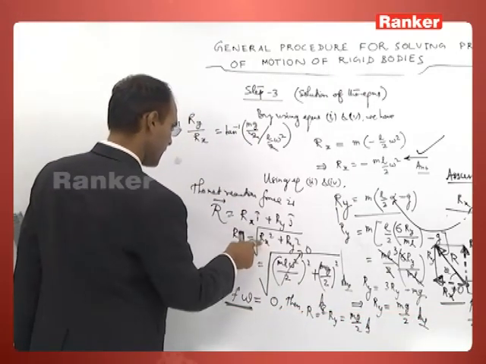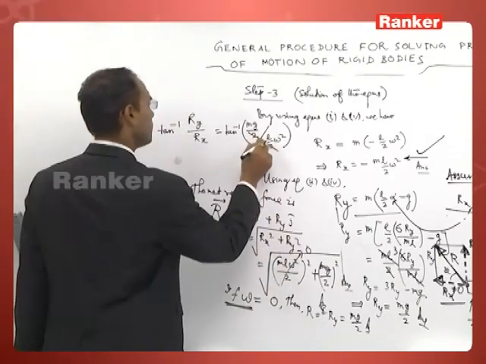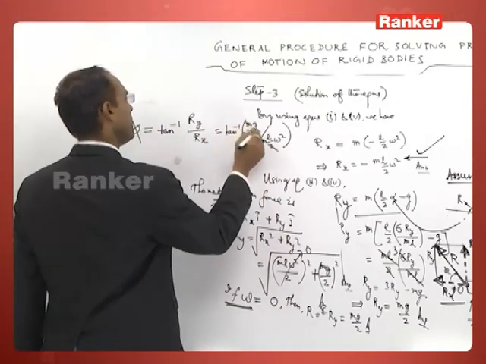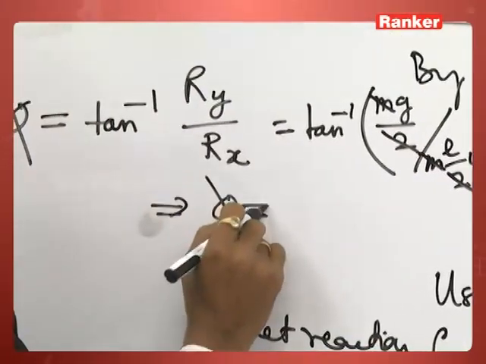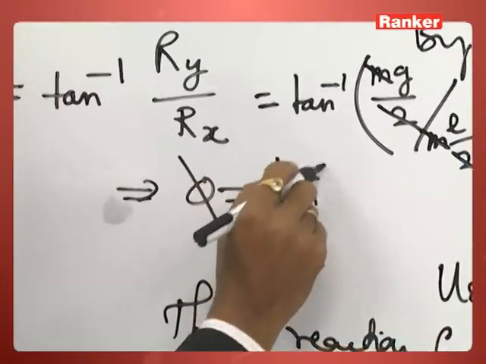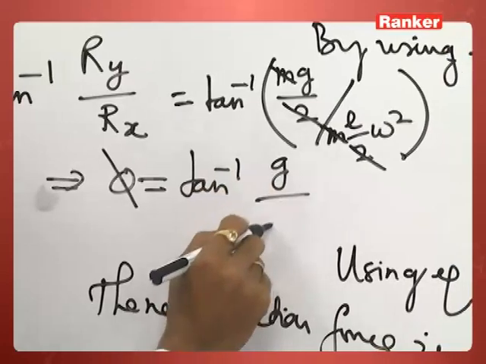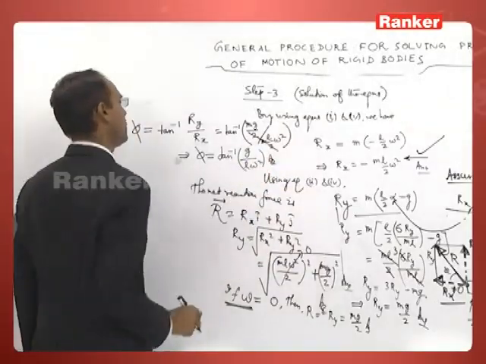Here Rx will be equal to m into L omega squared upon 2. The m will be getting cancelled. In this way, we get phi equal to tan inverse of g by L omega squared. Answer.